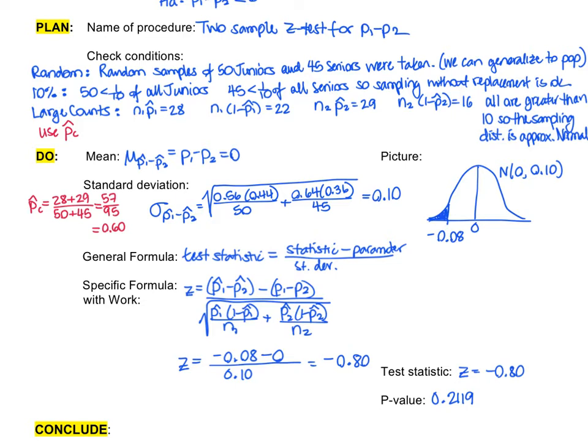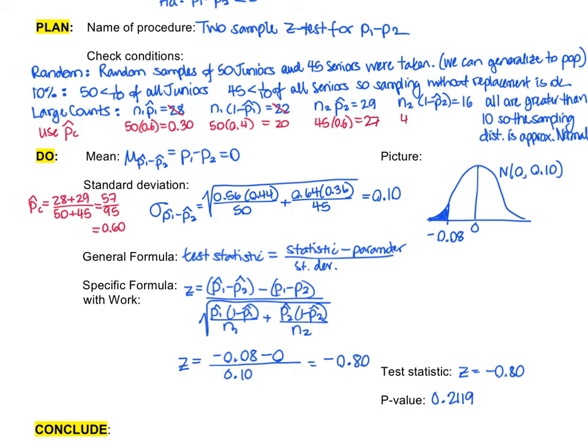So if we have N1, which is 50 times 0.6, that's going to give us 30. When we do 50 times 0.4, we end up with 20. And 45 times 0.6 is going to give us 27.